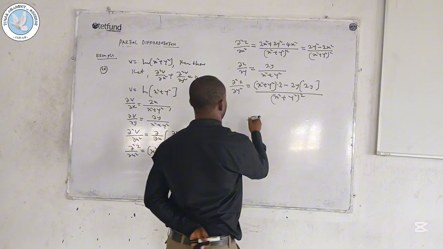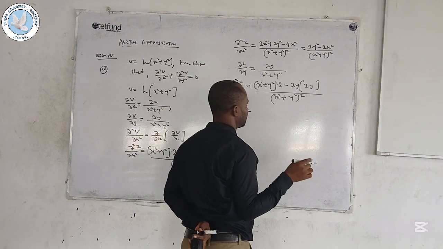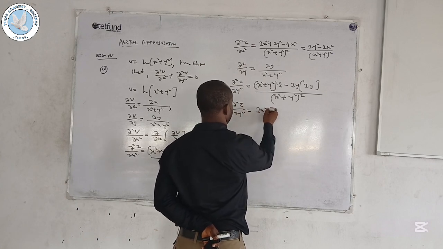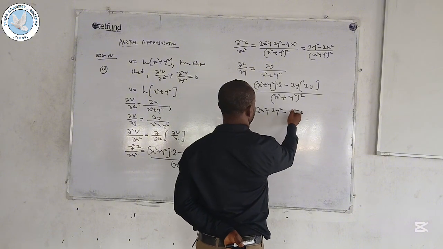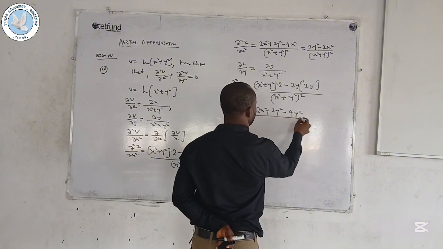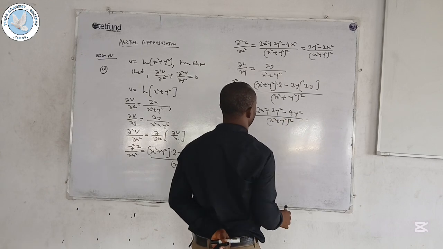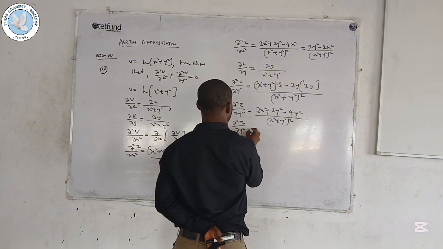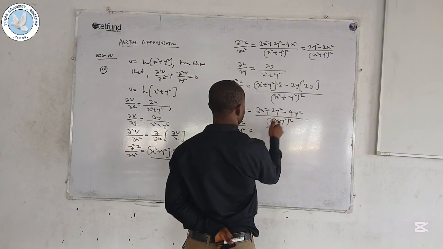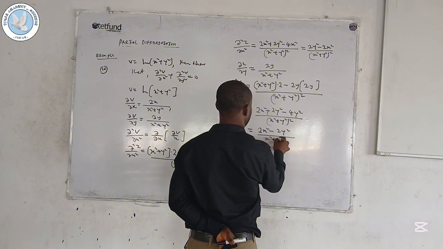So at this point we can work on the final solution. This is 2x plus 2y minus 4y squared divided by this. So this is, which is this plus this. So we're having this minus 2y squared divided by this.